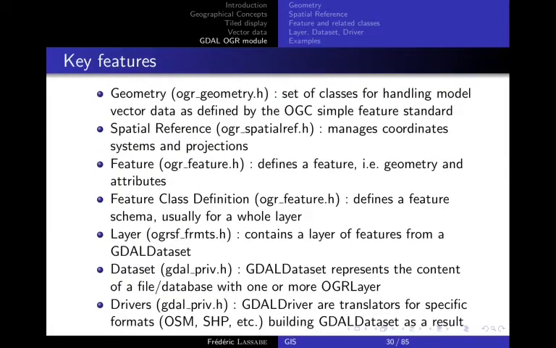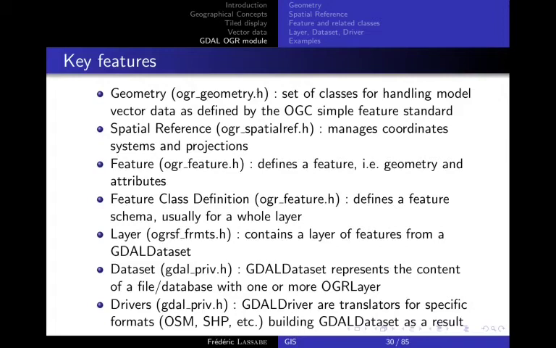So the key features of the OGR module are geometries, which are defined by the OGR geometry.h header file, which is a set of classes which will handle model vector data as defined by the OGC simple feature standard. So what you find in the specification of the simple feature by the OGC is what is implemented in the geometry classes of OGR.